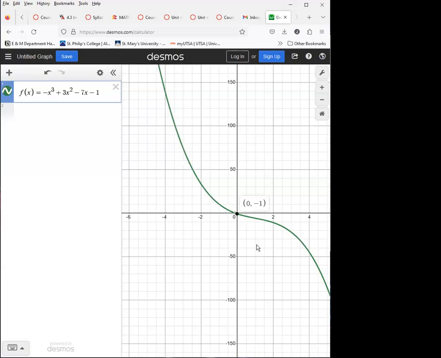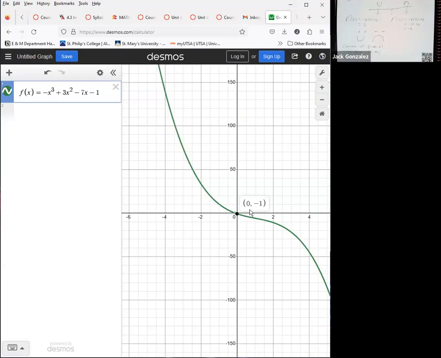Okay, so the inflection point was at 1. Here's the inflection point.